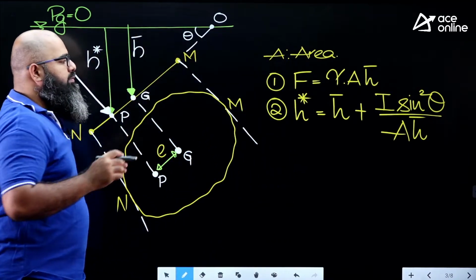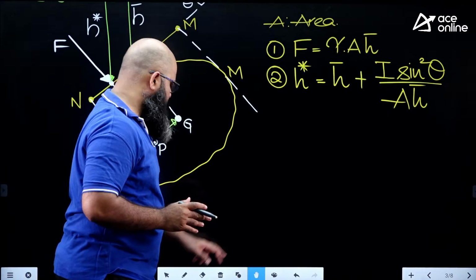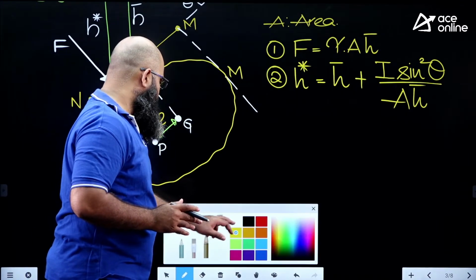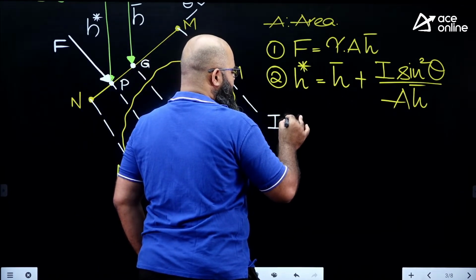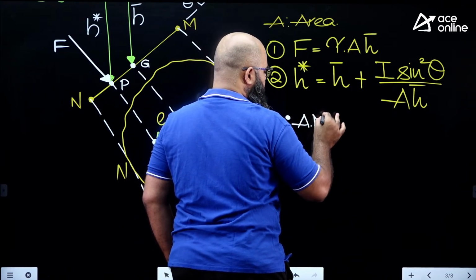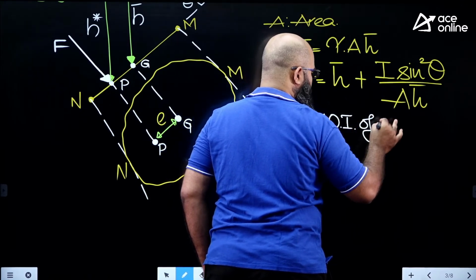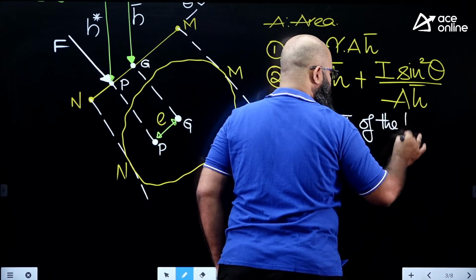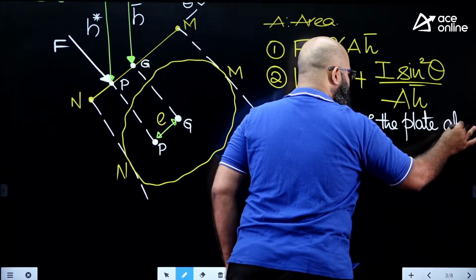This I is a very important parameter. What is this I over here? I is the area moment of inertia of the area of the plate about an axis.